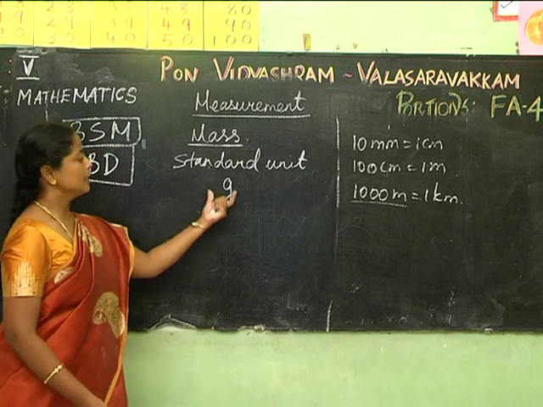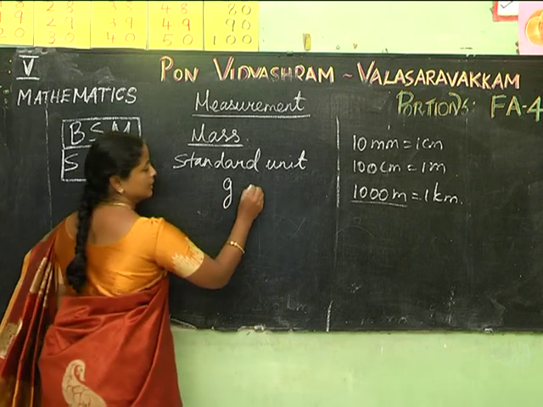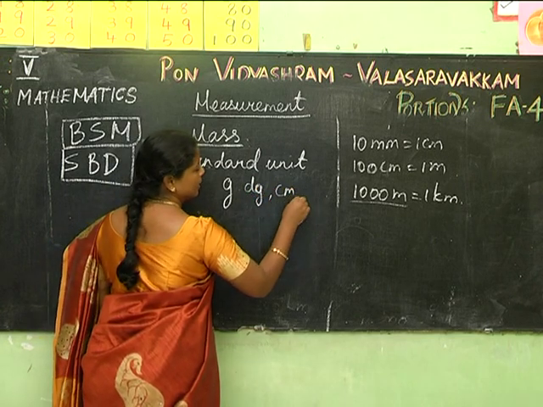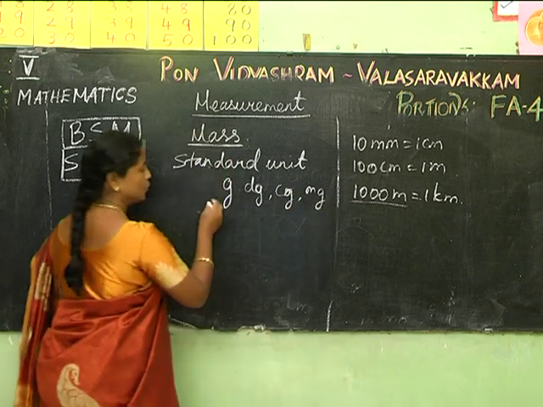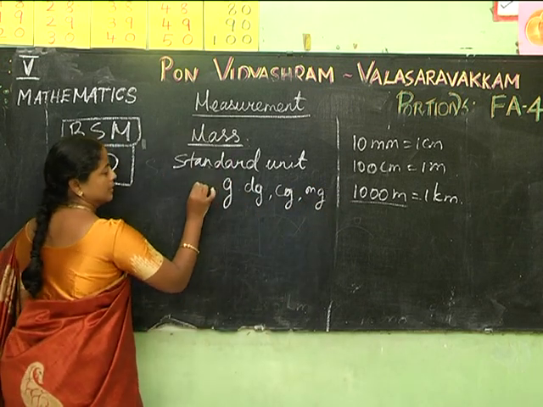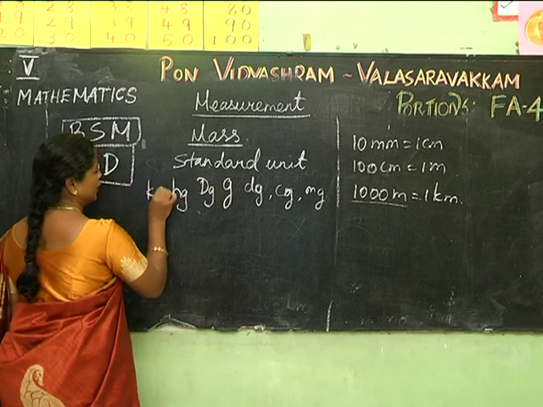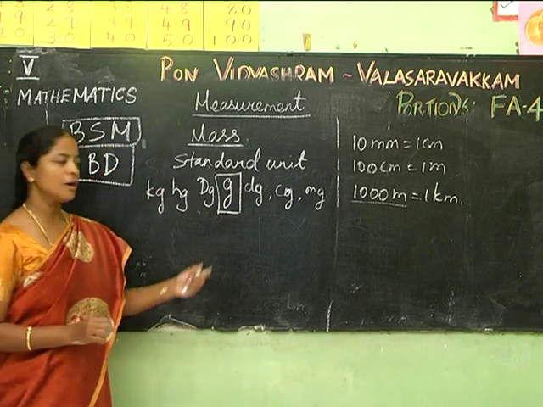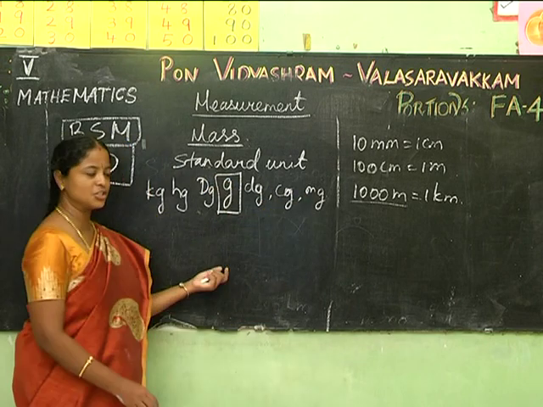The units which are lesser than gram are the decigram, centigram and milligram. Here you have the decagram, hectogram and kilogram. So gram is the standard unit of mass. Similarly, each one is related to each other.